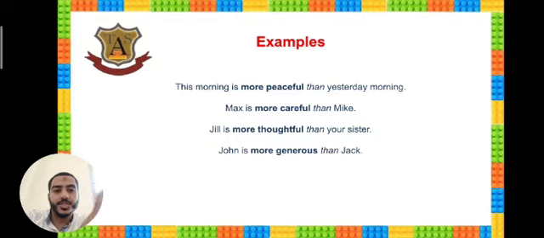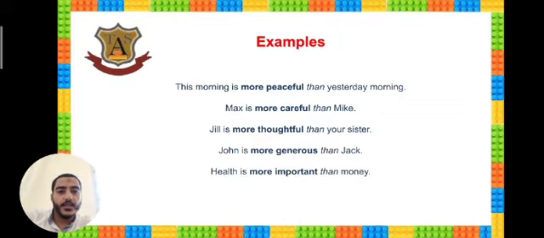Generous is a long adjective, so more, then the adjective, then than. Next: health is more important than money. More before the long adjective, then the word than.